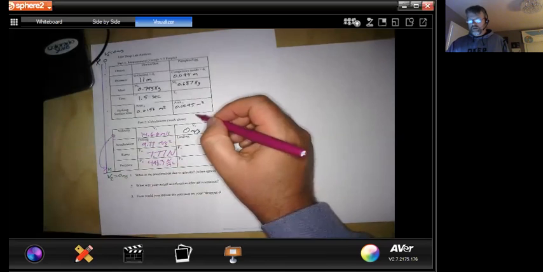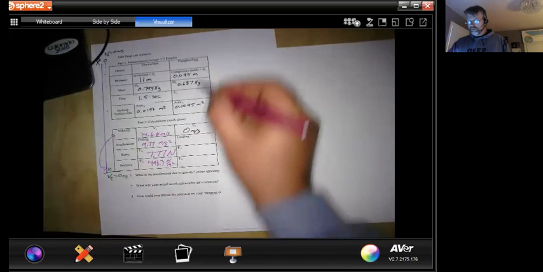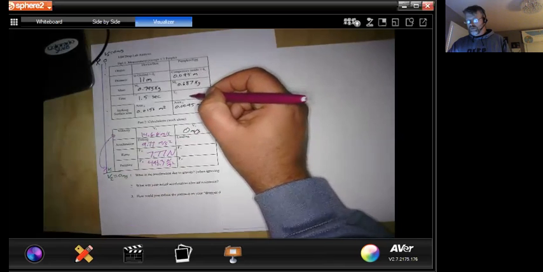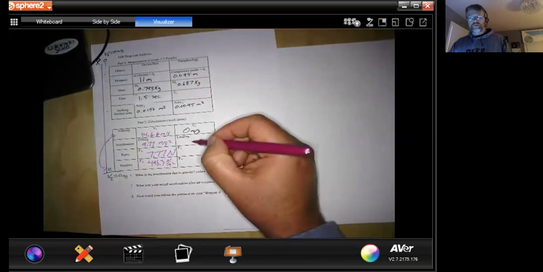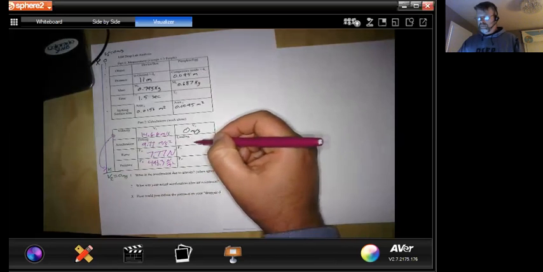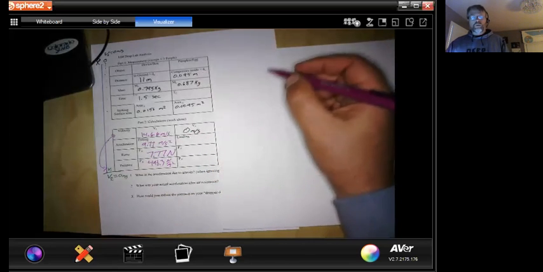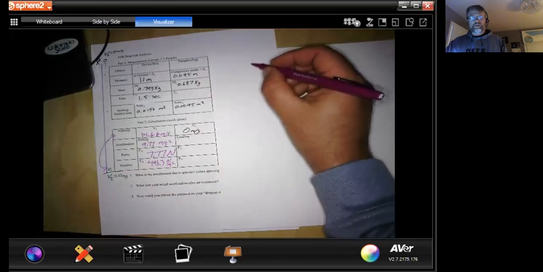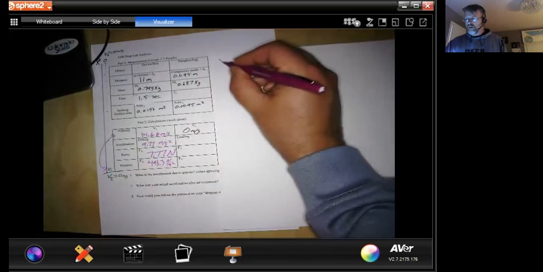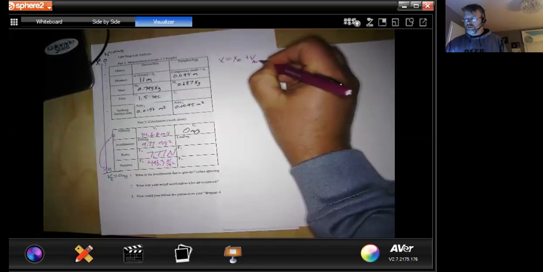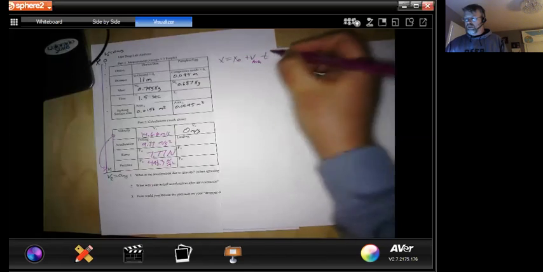Okay, so now we can use two velocities and a distance and try to solve for time or try to solve for acceleration. One way we can do that is x equals x naught plus v average times time.